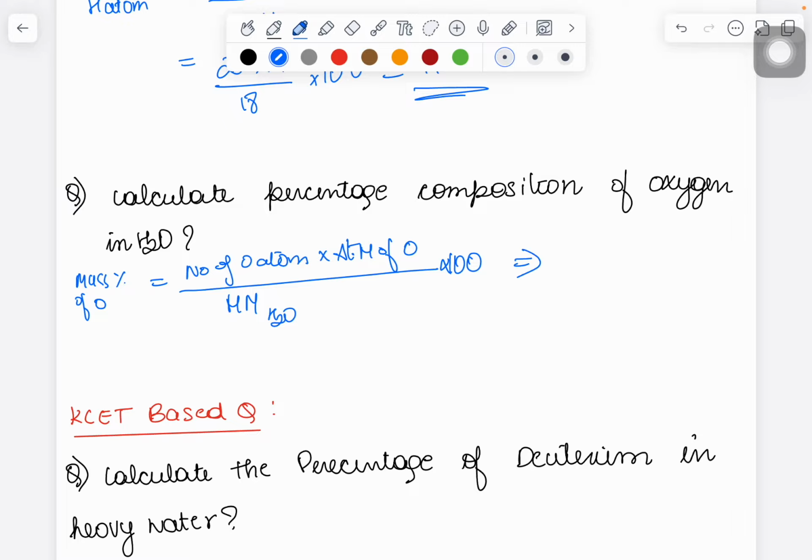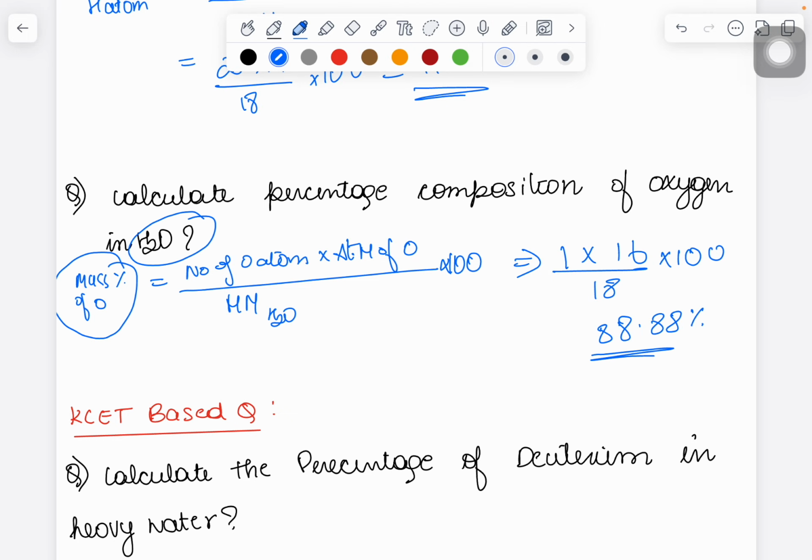The number of oxygen atoms is only one. The atomic mass of oxygen is 16, divided by 18, into 100. Calculate and tell me the answer, or you can comment down below. So it is 88.88% of oxygen present in water.